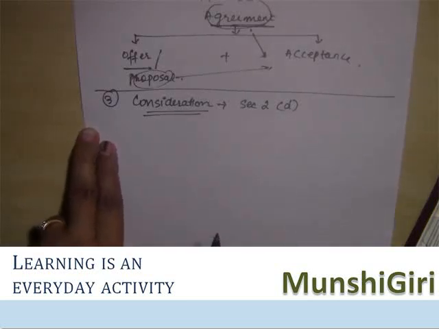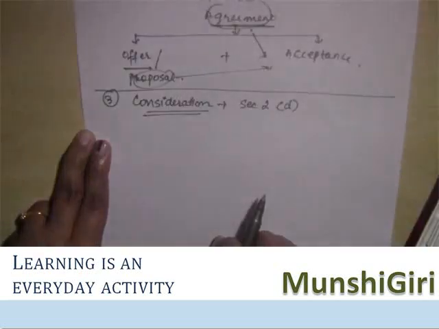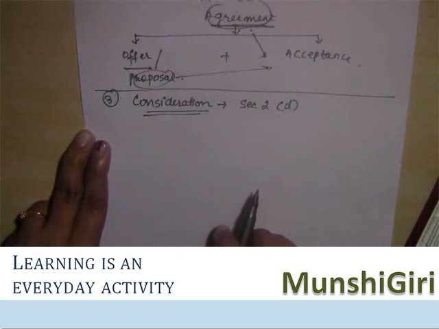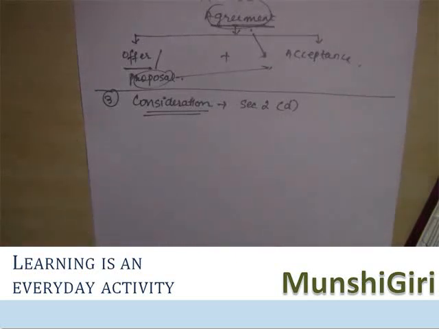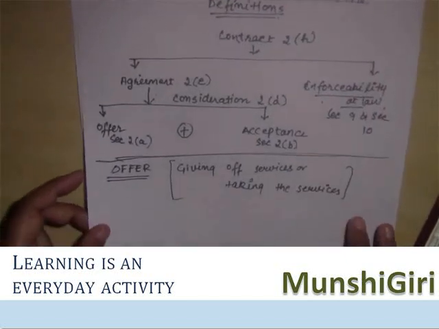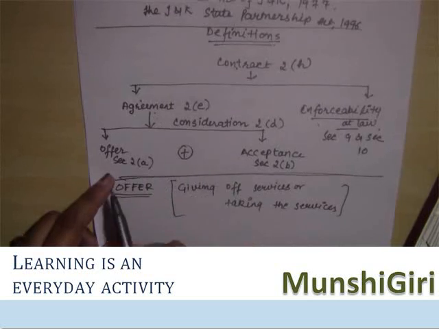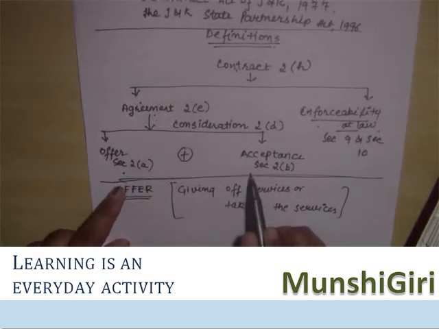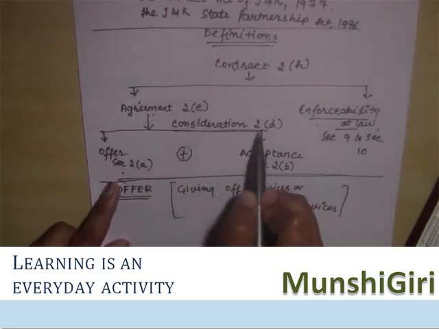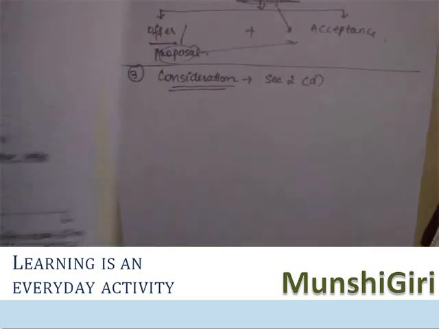The reason for discussing consideration is that every agreement must be supported by consideration. You remember when I drew this diagram, I wrote agreement must have an offer and the offer must be accepted and it should be supported by consideration. This is what I'm talking about right now.